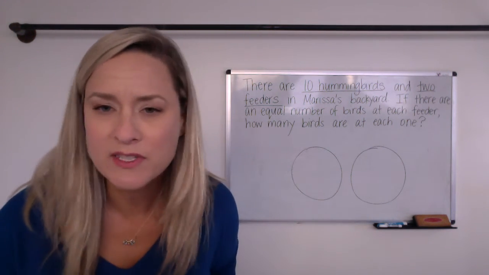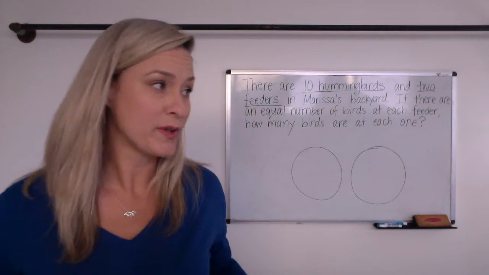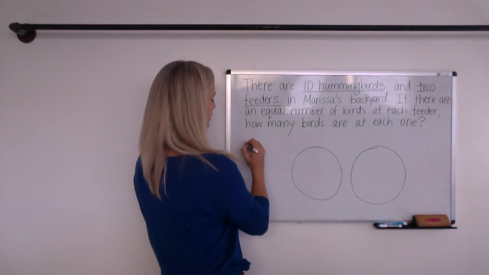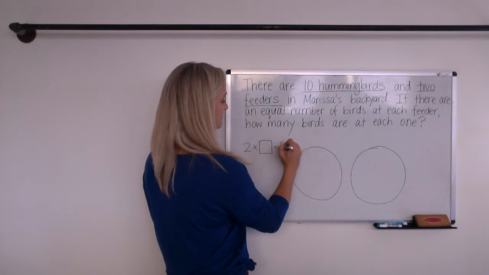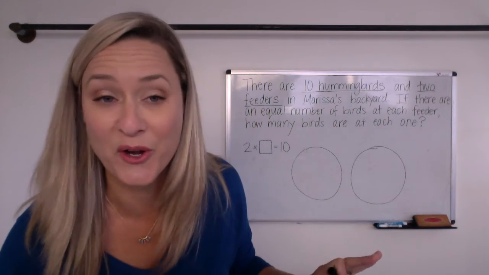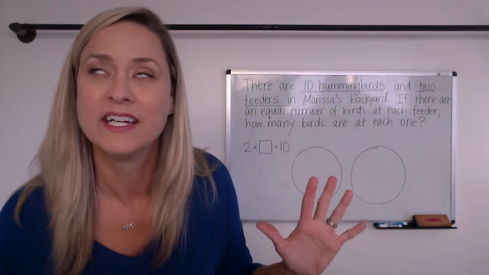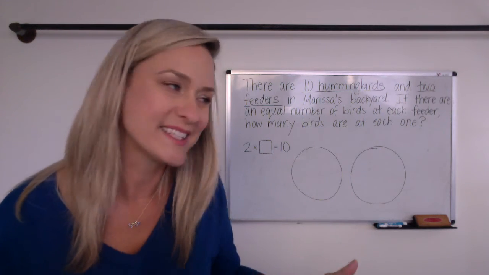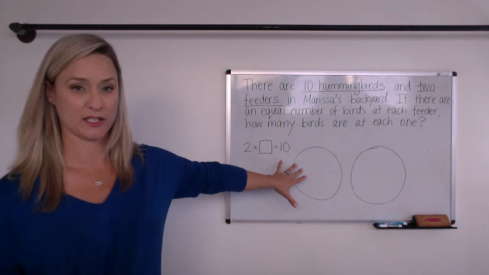Now, you might be using your multiplication fact to solve this, and maybe you're like, well, I know that 2 groups of something makes 10. So you might actually already just know this answer, but we're going to look at it together anyway, because we're always going to look at different ways we might approach the problem, right? So maybe you know this already, so you know what's going to go in here.